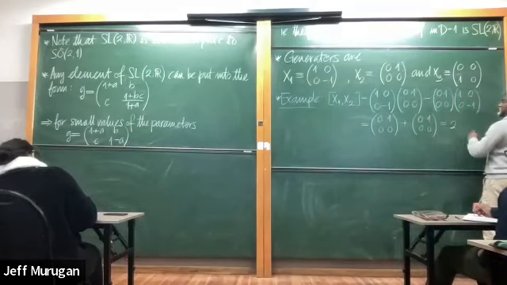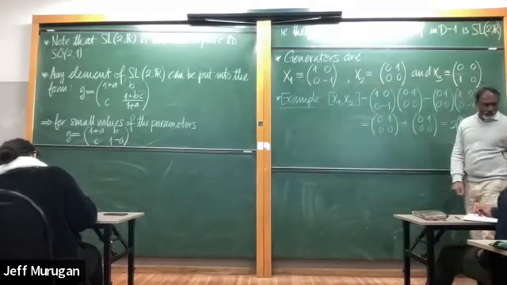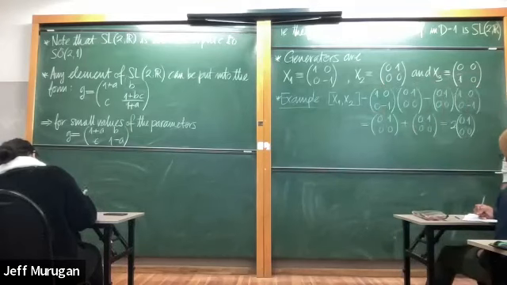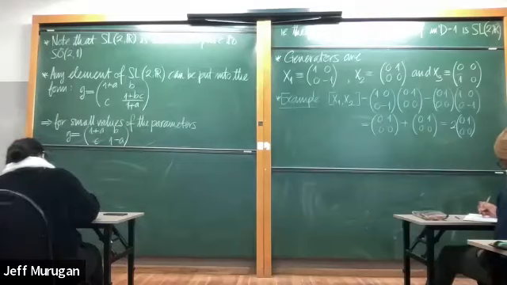It's 2 times (0, 1; 0, 0), but that is just X2. So this is just 2 times X2.